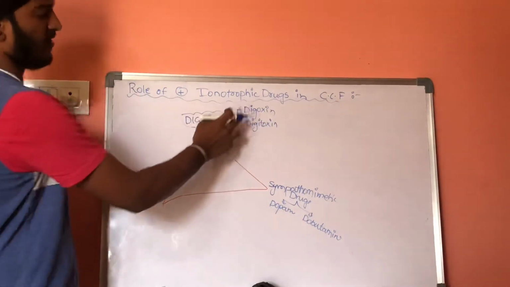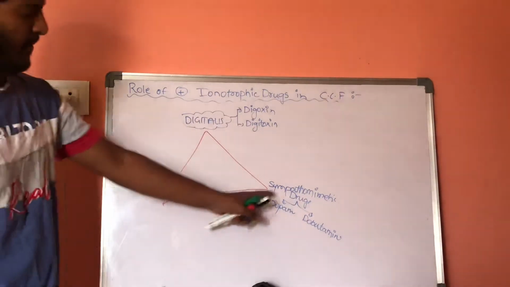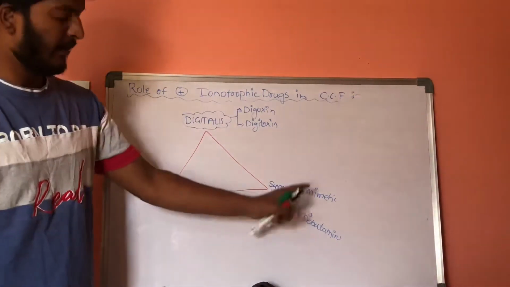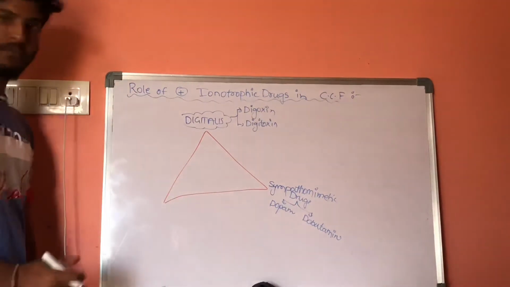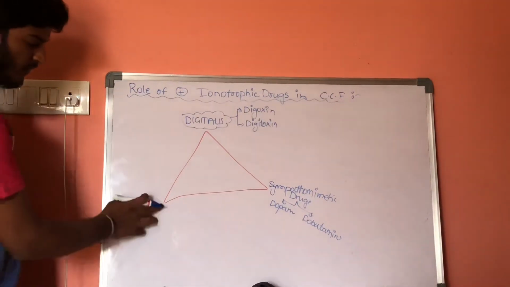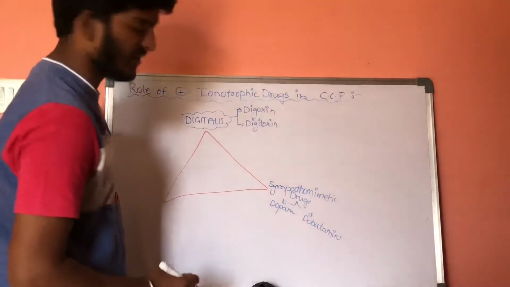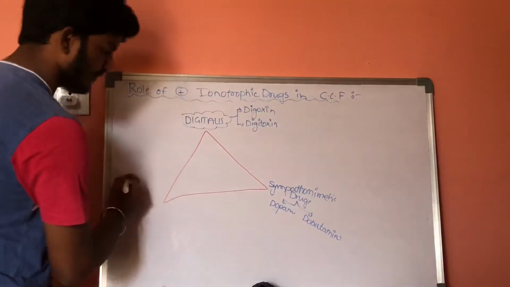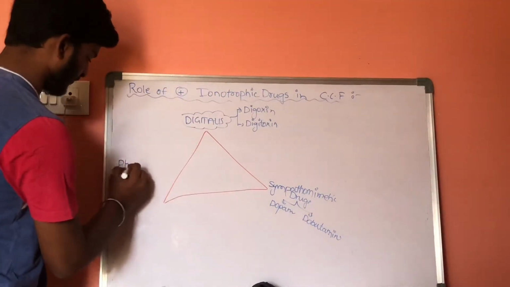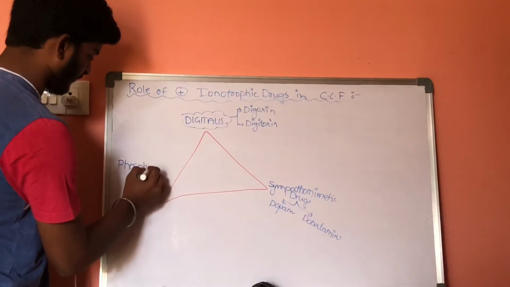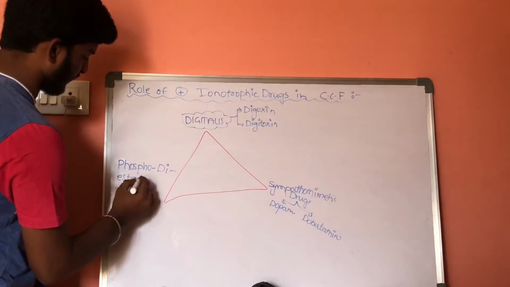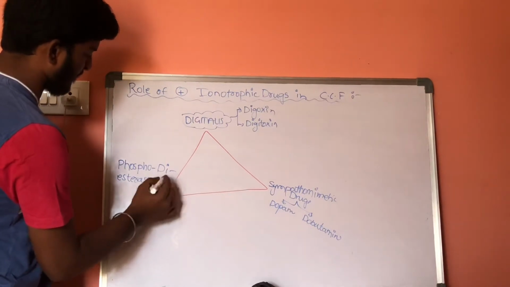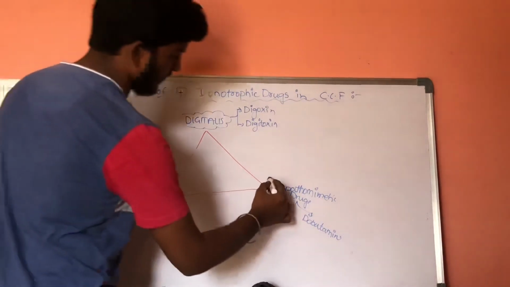And another class of drugs which are used as positive inotropic drugs are phosphodiesterase inhibitors.